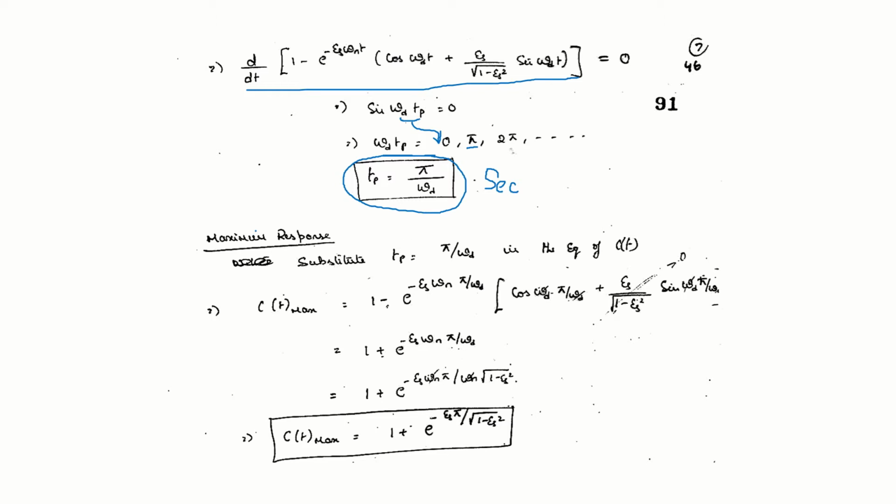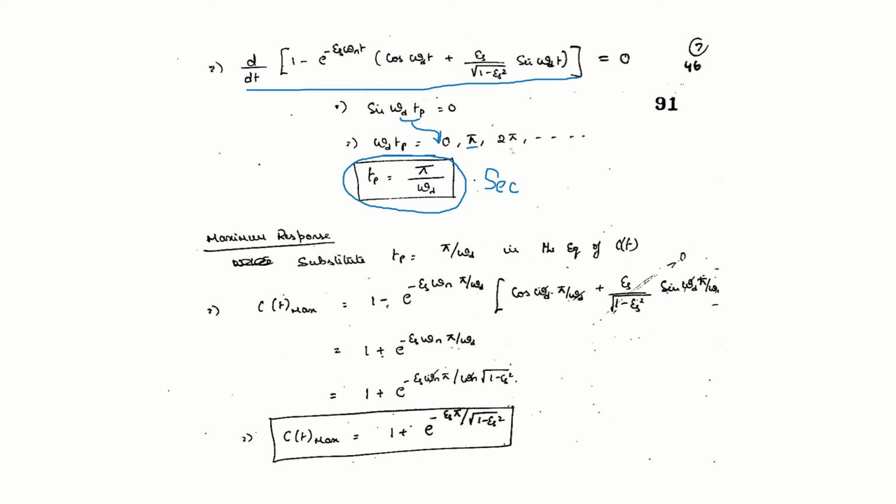Now the maximum response. Again we have this equation. In place of t, let us substitute the Tp value. So here Tp is nothing but pi by omega_d, I'll substitute over here.